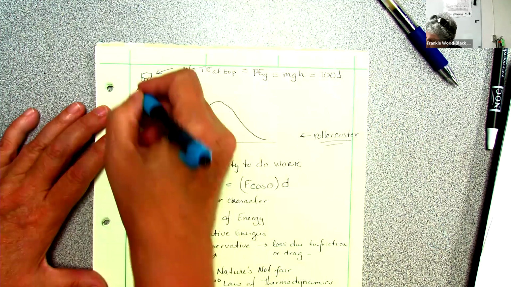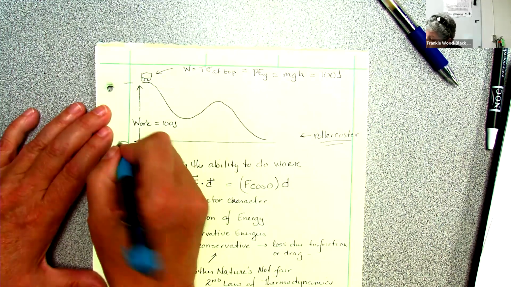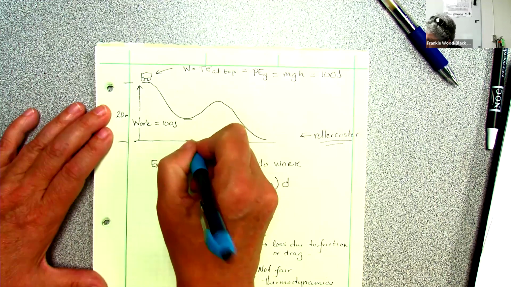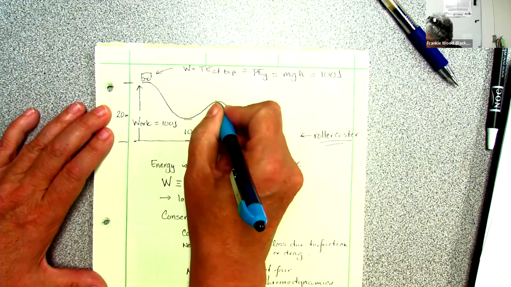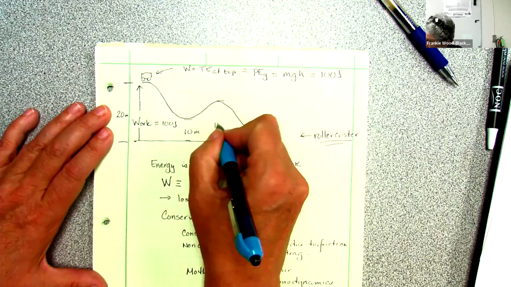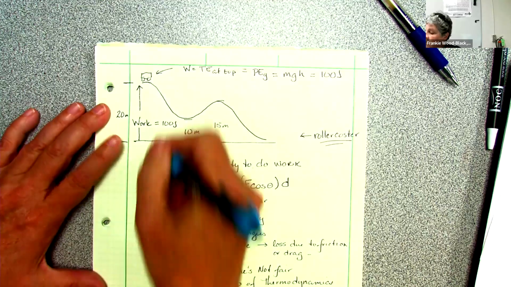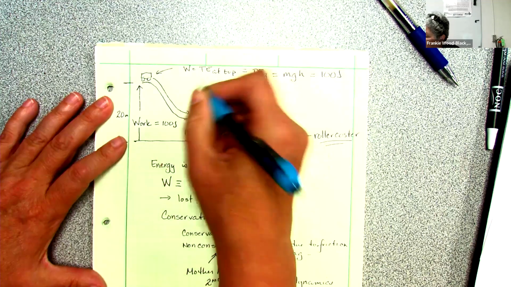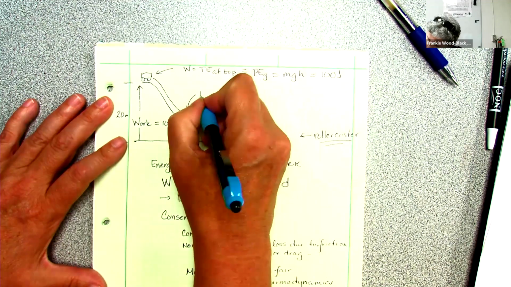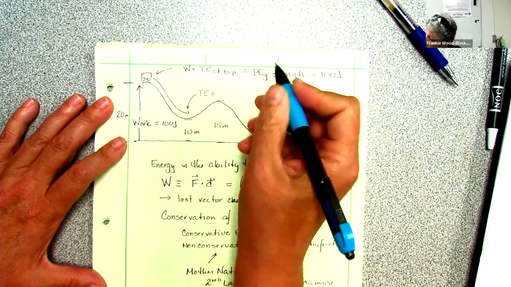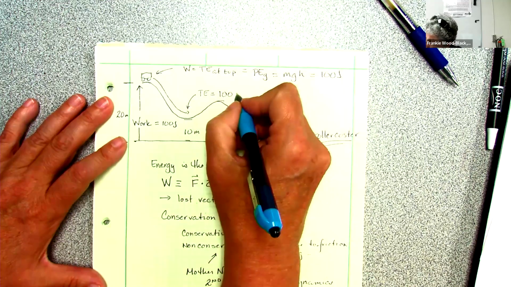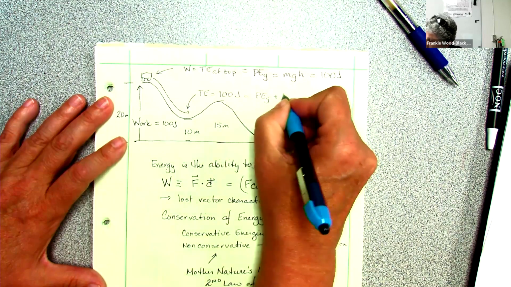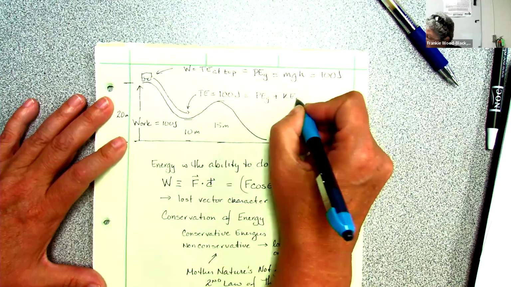And if we say that this distance is 20 meters, and I'm going to make this distance 10 meters, and I make this distance 15 meters, we know what's going to happen as my roller coaster comes down. Here, I'm going to have the total energy equal to my 100 joules, which is equal to the potential energy due to gravity plus my kinetic energy.